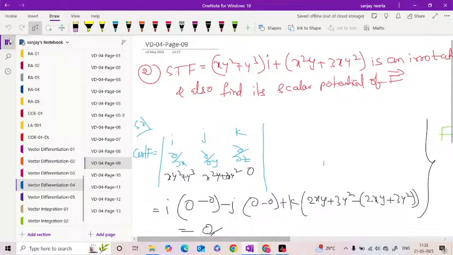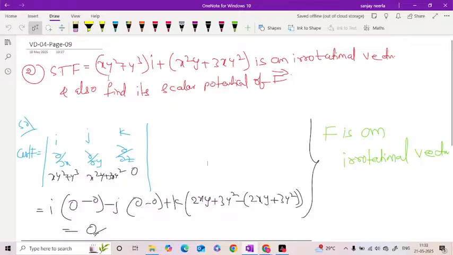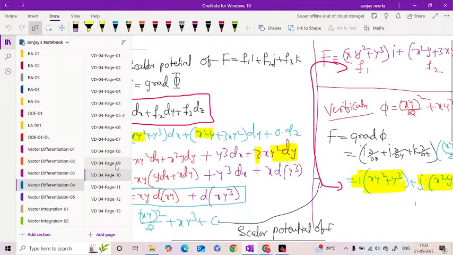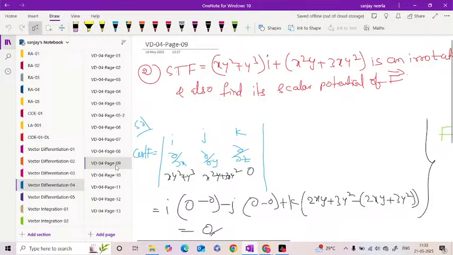The second problem: show that this vector, xy square plus y cube i plus x square y plus 3xy square j, is irrotational, and also find its scalar potential field. And one more question here I am adding. So it is the ninth problem. Okay. Now this problem we will solve again.